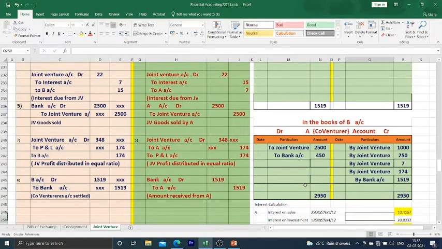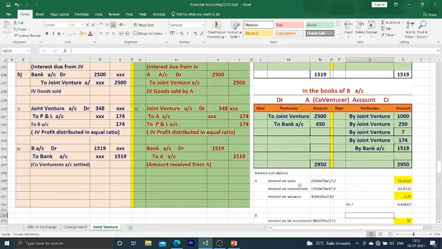Just interest calculated. Okay, so A invested 1250. He has to receive 20 rupees interest, and on sales he has to pay to joint venture 10 rupees, and on advance he has to pay to B 3.75, that is 4 rupees or 3 rupees. Total 20 minus 13 is 7 rupees he has to receive from joint venture.